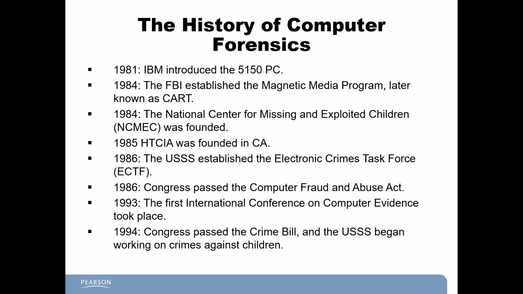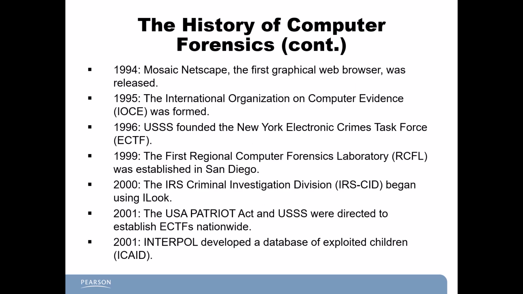In 94, we had another congressional bill passed called the Crime Bill, and basically the USSS began working on crimes against children. Sadly, a lot of my investigations focus on crimes dealing with child exploitation, but that's not the only area that is out there in existence. One of the big ones, but not the only one. In 94, we had Mosaic Netscape, that was a main web browser.